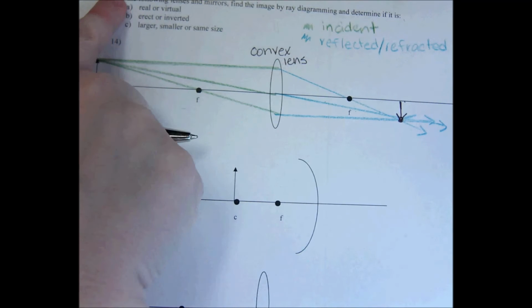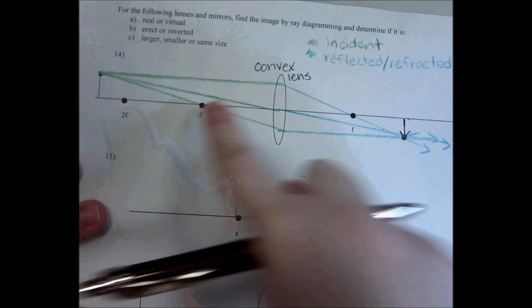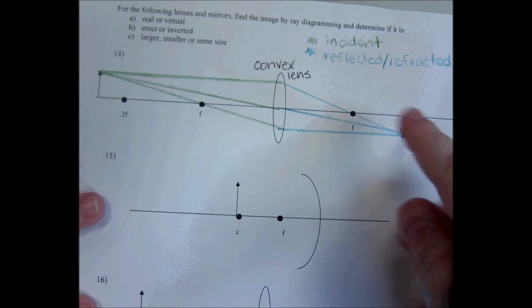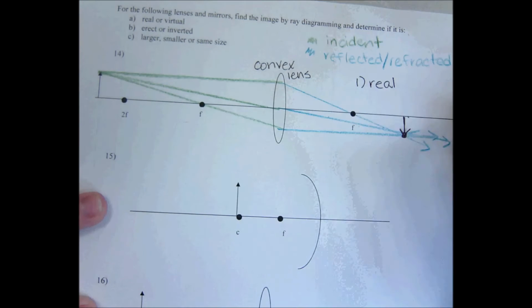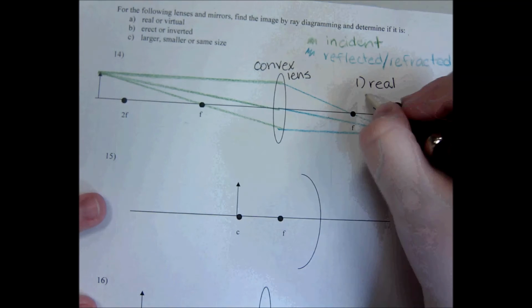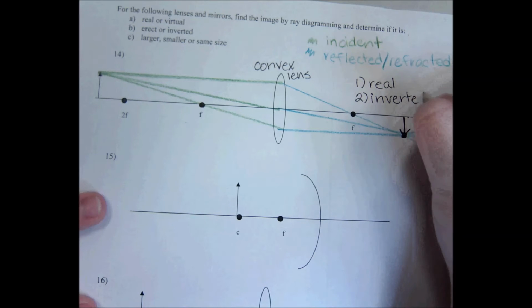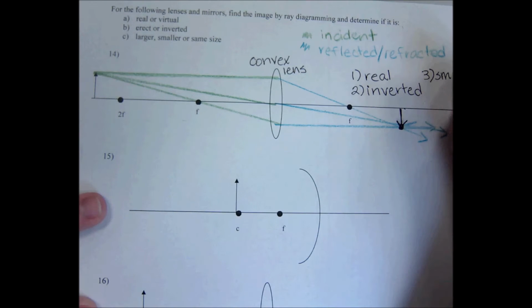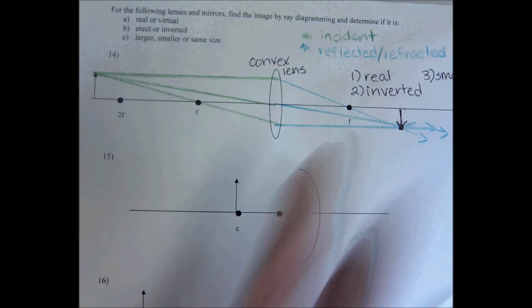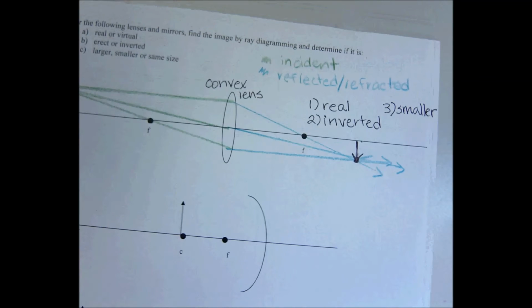So, then we need to decide these three characteristics. For a lens, this side over here is where we expect the light to end up, so it's going to be real. It is below the axis, so it's inverted. And it is smaller, it's shorter than our original arrow. So there you go, real, inverted, smaller.